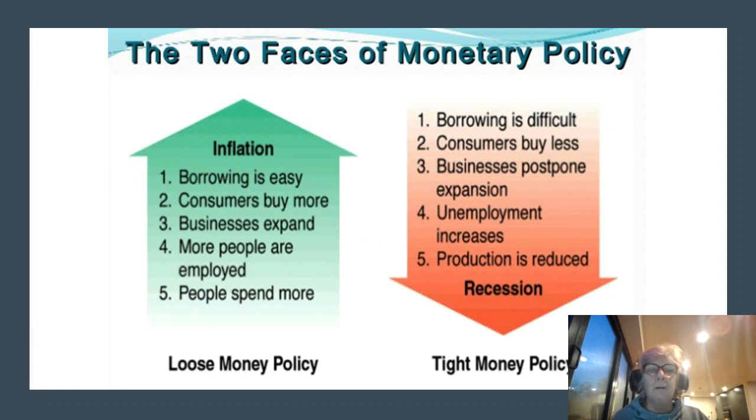So when we think about monetary policy, we can think about two faces of monetary policy, if you like. If we're in a period of the economic cycle where we have inflation, that might be because we've got loose monetary policy. Loose money policy is a situation in an economy where it's easy to borrow money, for both consumers and businesses. So consumers buy more because they can borrow money.